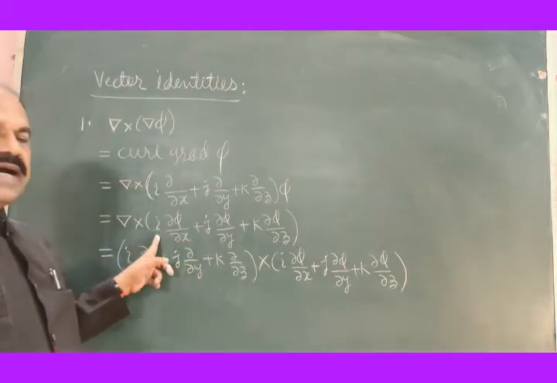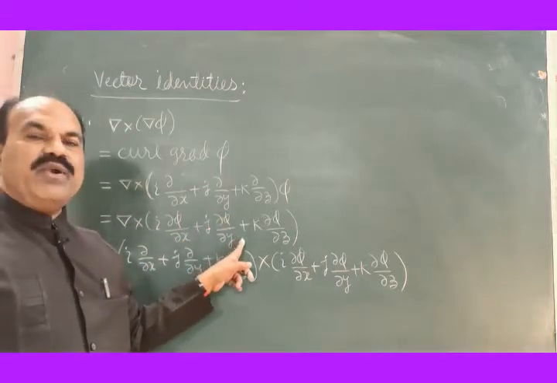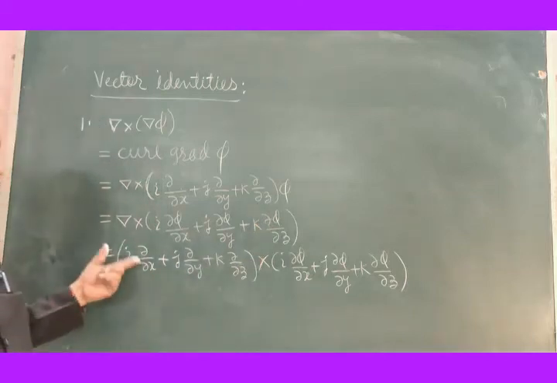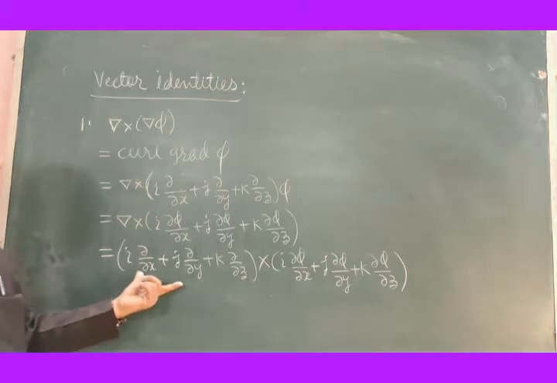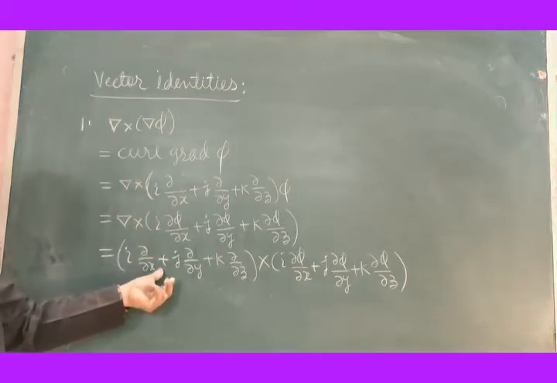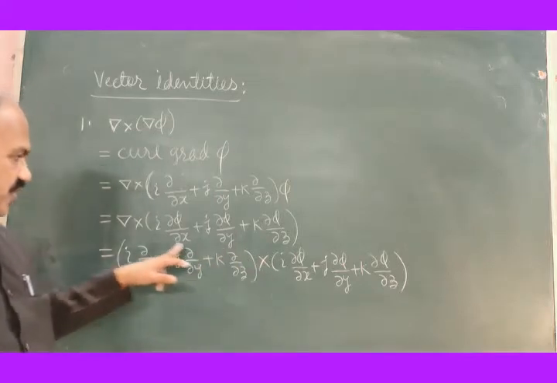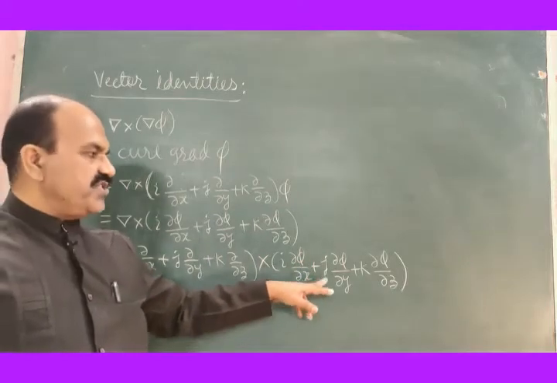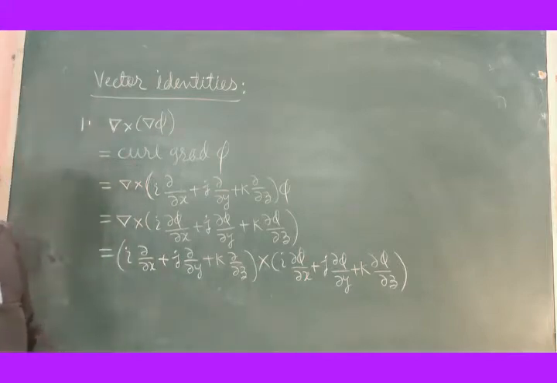It is i dou phi by dou x plus j dou phi by dou y plus k dou phi by dou z. For this del, put its value so that we will further have i dou by dou x plus j dou by dou y plus k dou by dou z cross this one, i dou phi by dou x plus j dou phi by dou y plus k dou phi by dou z.